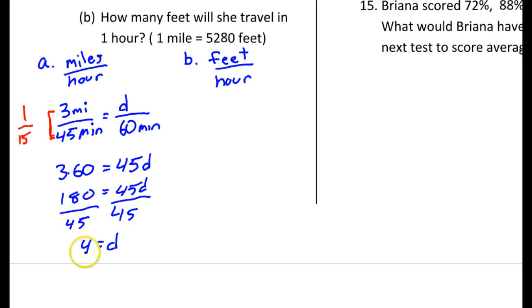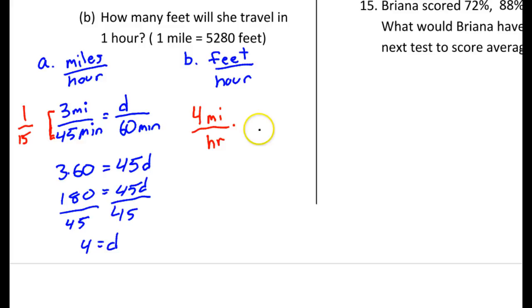Alright, so now we know we can do 4 miles in 60 minutes. Or actually, we'll just say 1 hour. 4 miles per hour. 60 minutes is 1 hour.